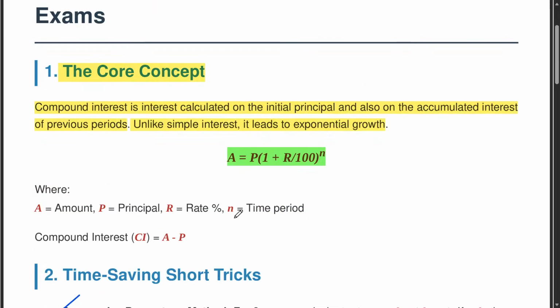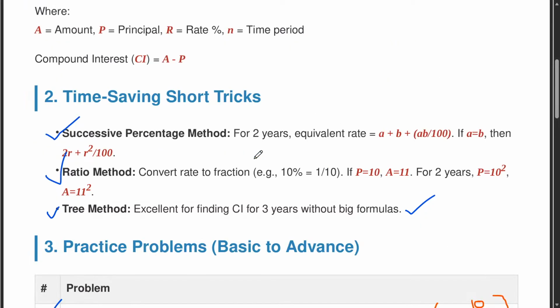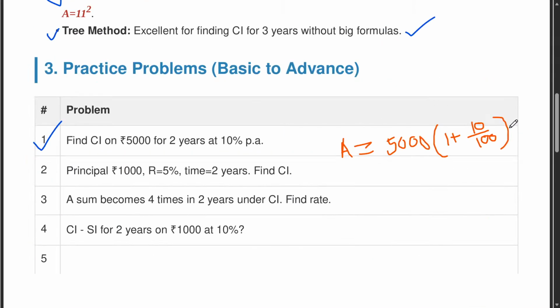That is the number of time periods. The time period here is 2 years, so square.